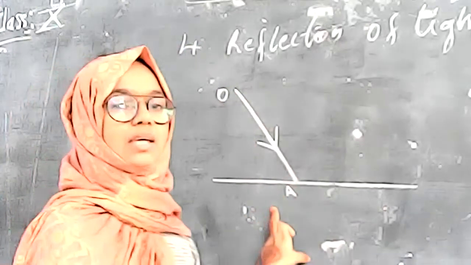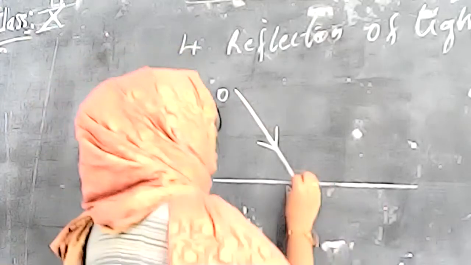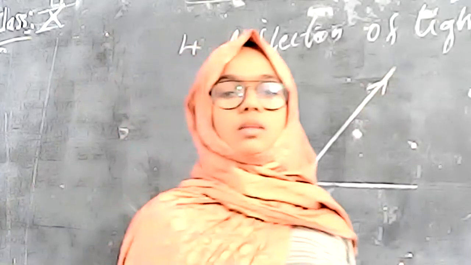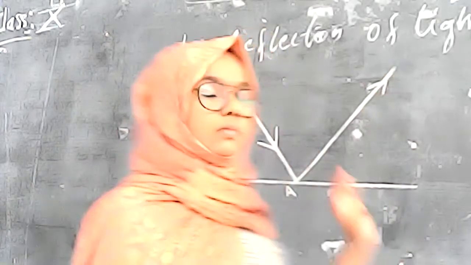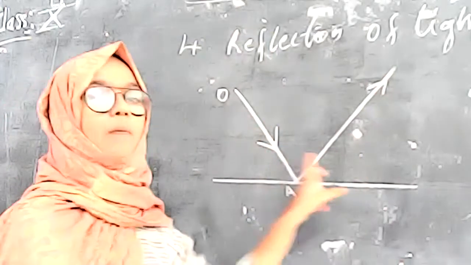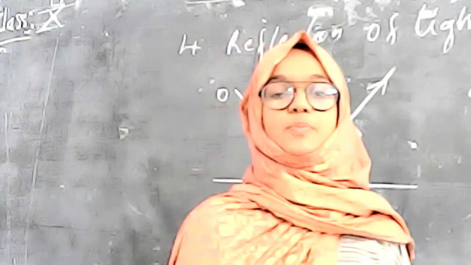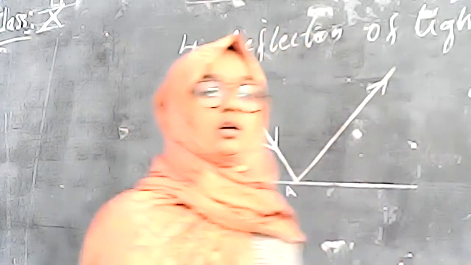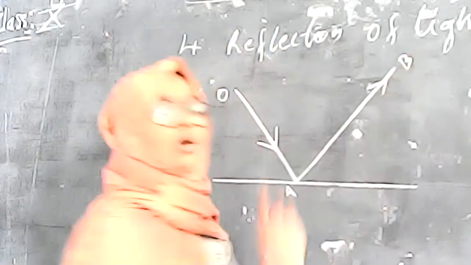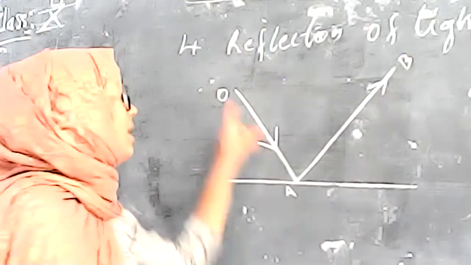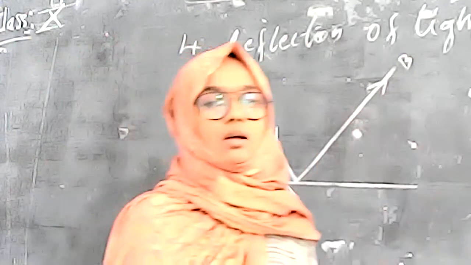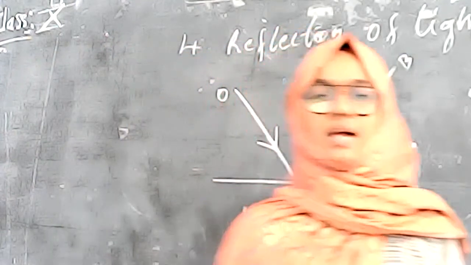So the incident ray is OA, and it bounces back into that same space or plane. The incident light bounces back after hitting a smooth surface. This is known as the reflection of light, and the reflected ray we consider is OB. So a ray of light is incident on a smooth surface and it bounces back. This is known as reflection of light.